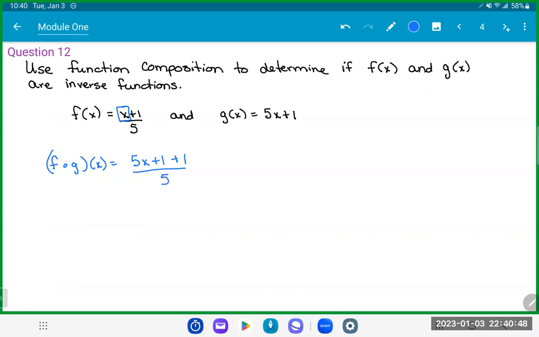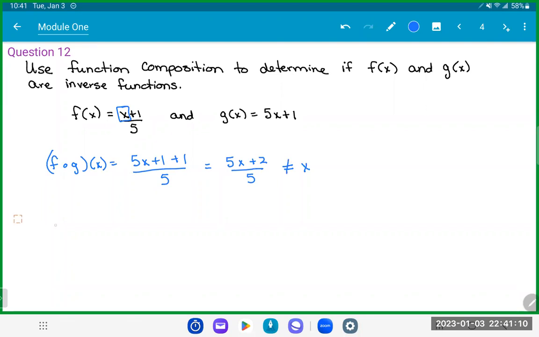Okay. And so we'll simplify this. This gives me 5x plus 2 over 5. And I can't really easily simplify that anymore. So chances are that's not going to simplify down to equaling x. So this does not equal x, therefore it's not an inverse.